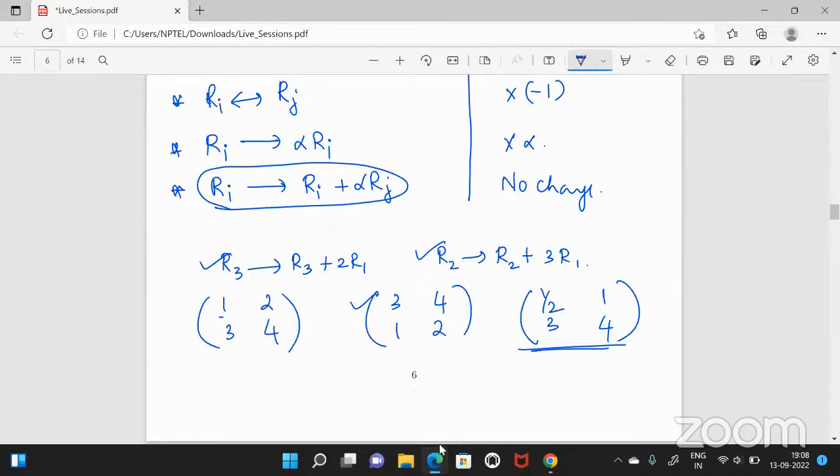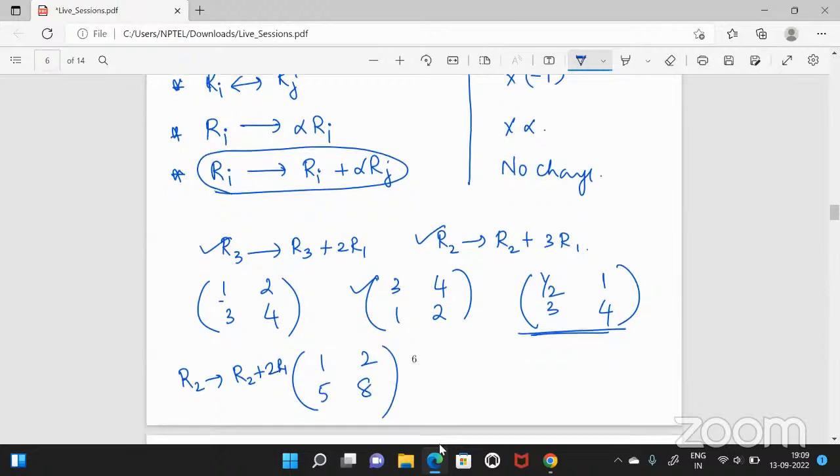And the third one is you replace the second row, say with R2 plus 2R1. So 1, 2, and the second row is replaced with the second row plus 2 times the first row: 3 plus 2, 4 plus 4. There will be no change in the determinant value.